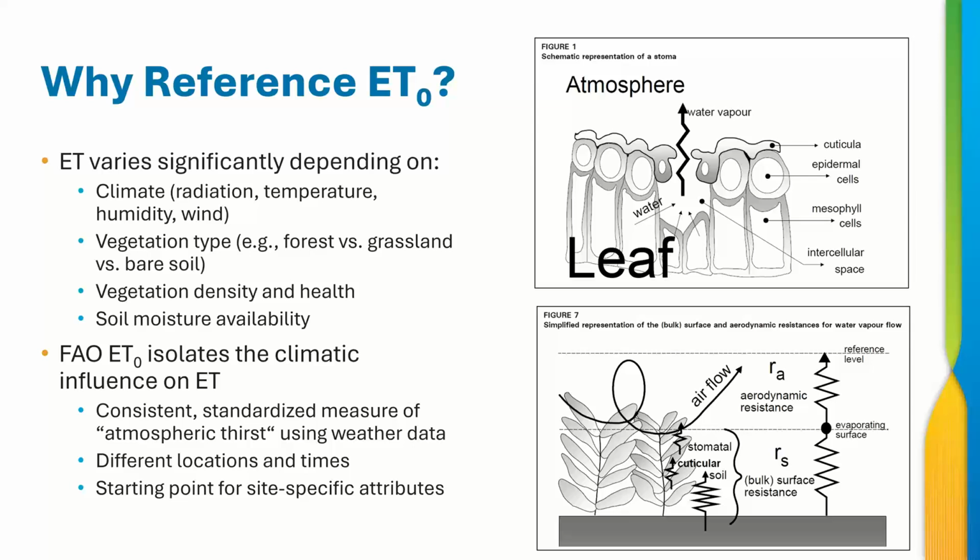So essentially allowing us to then go to other places where there's a different climate, different vegetation, different soils, and we can derive or estimate the reference ET by essentially looking at the standard and then changing it.